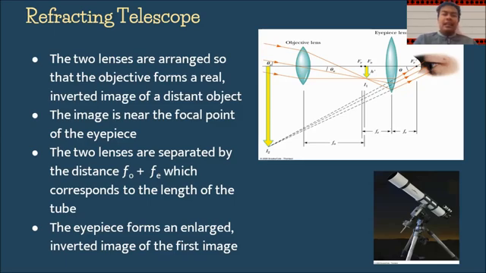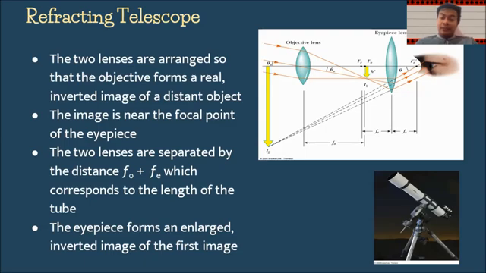The third is that the two lenses are separated by the distance of f0 plus fe, which corresponds to the length of the tube. And the last one, the eyepiece forms an enlarged, inverted image of the first image. As you can see in this picture, there is the eyepiece lens and the objective lens.